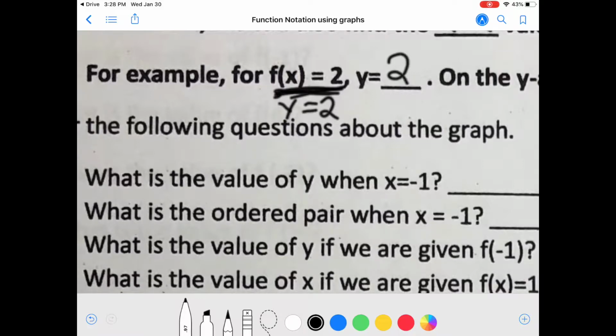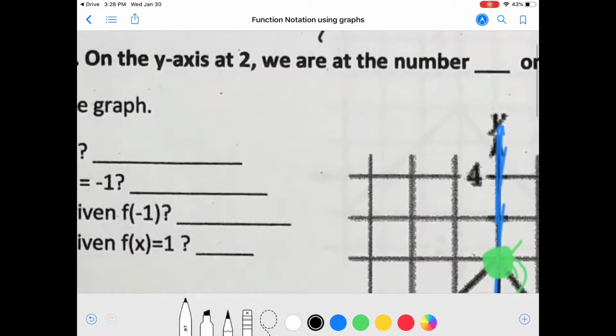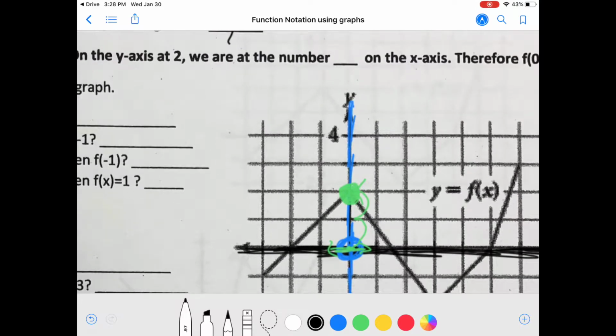We're going to figure out what the x value would be. So, on the y-axis, we're at 2. I'm going to erase this, so if you need to pause the video so you can write it down or copy it.